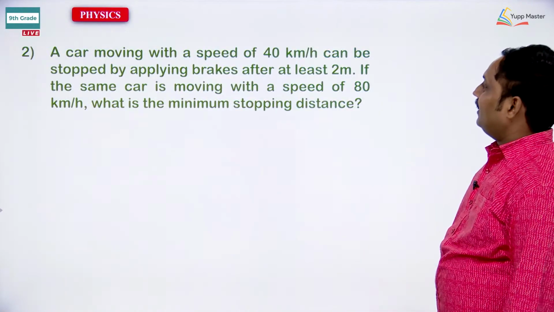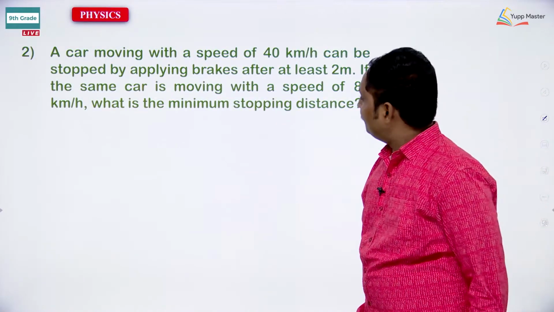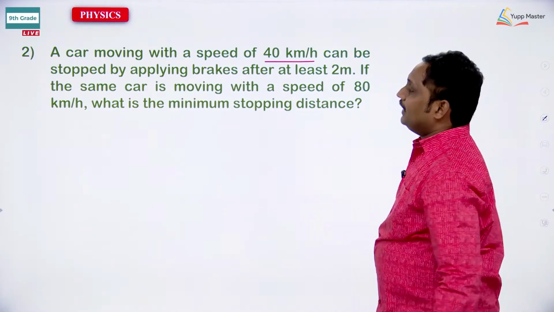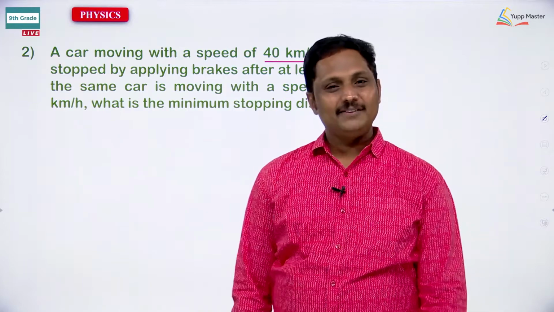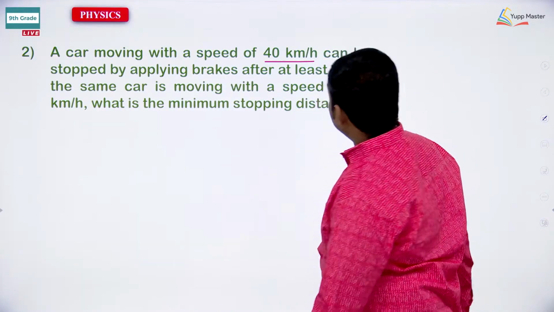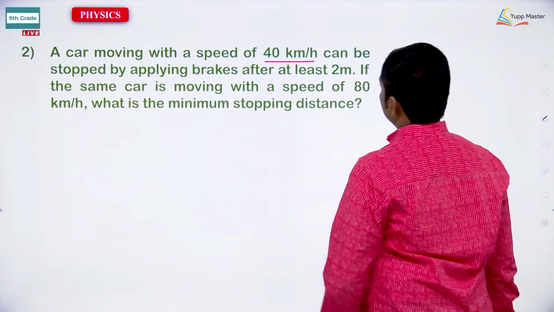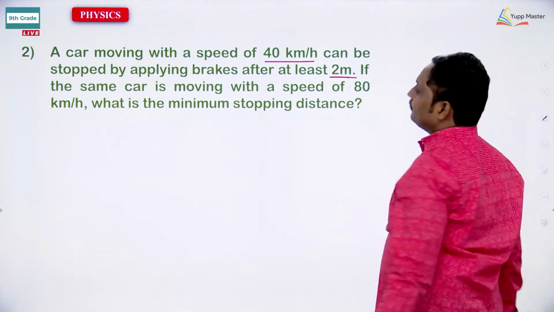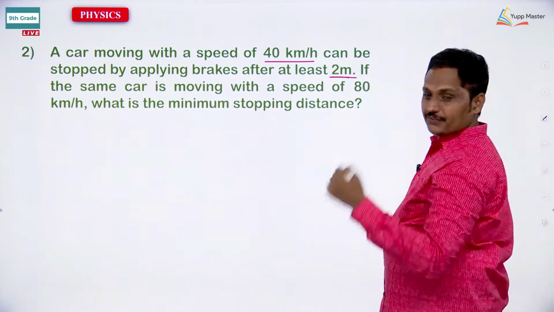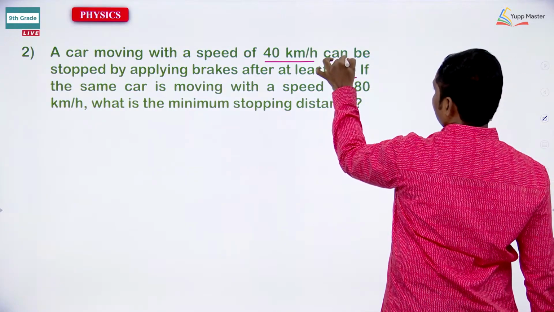Take the problem. A car moving with a speed of 40 kilometer per hour can be stopped by applying the brakes after at least 2 meter. Yes, this is very important. This is taken as x, what we have discussed.